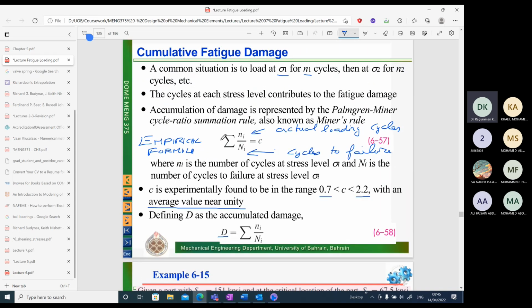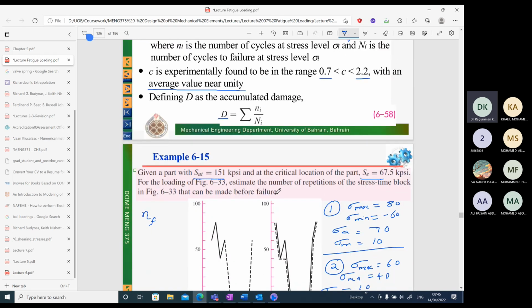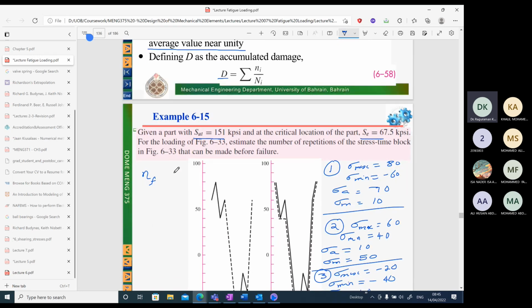Remember, according to the formula here, the damage is defined by this formula, small n over capital N. Okay, so what is the capital N value? I need to realize that. We need to find it after we find the NF value.